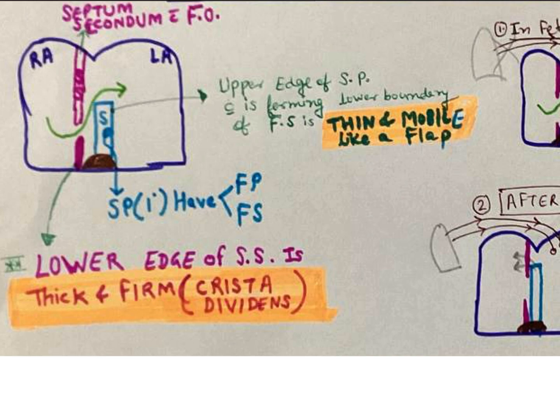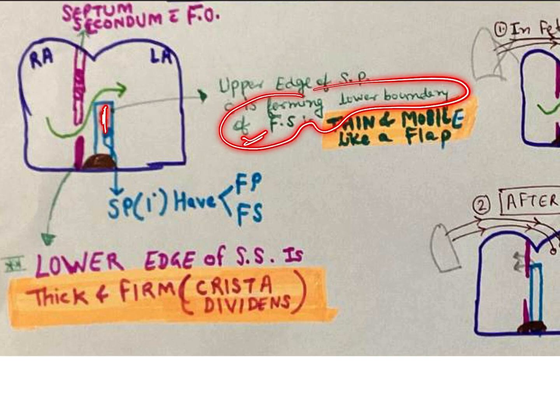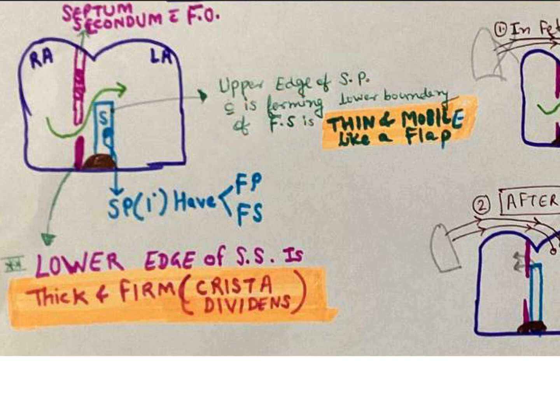Crista dividens is the thick and firm lower edge of the septum secundum, and the upper edge of the septum primum, which is forming the lower boundary of the foramen secundum, is actually thin and mobile like this. Means if there is blood flow toward the left side, this will move away.